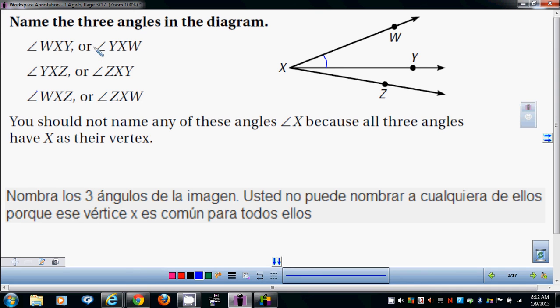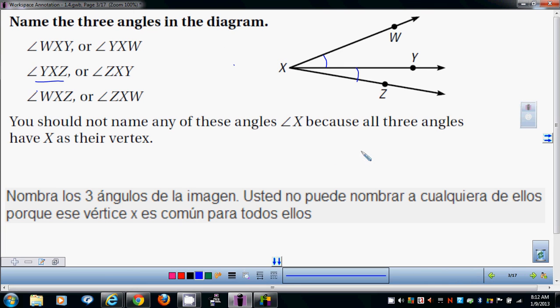X is in the middle. Always make sure the vertex is the middle letter. The middle letter should always be the vertex. Always. So there's WXY, and there's XY, or YXZ, which is the small one.